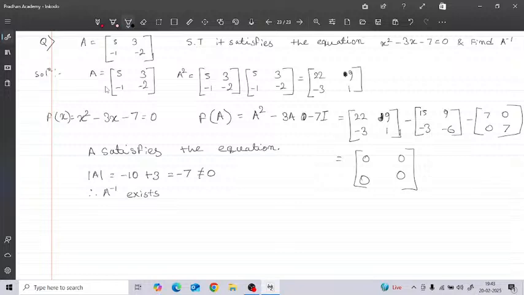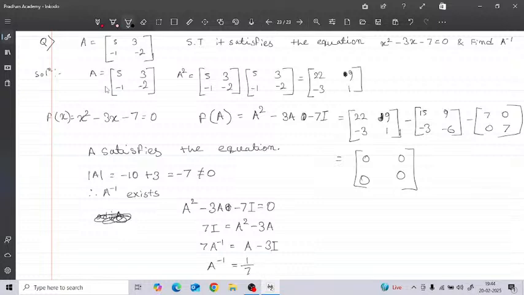Okay, now adjoint of A. So not needed to find the adjoint, as the matrix satisfies this equation. Minus 7I. A inverse. A inverse.